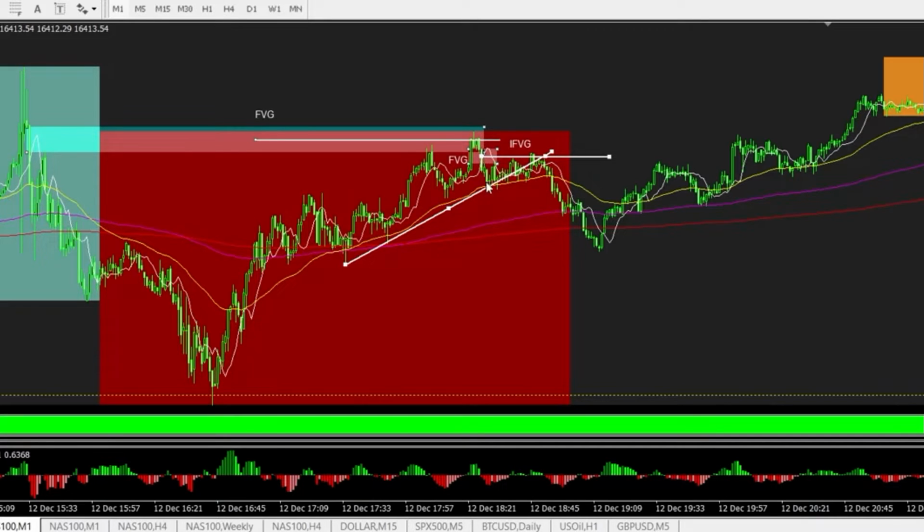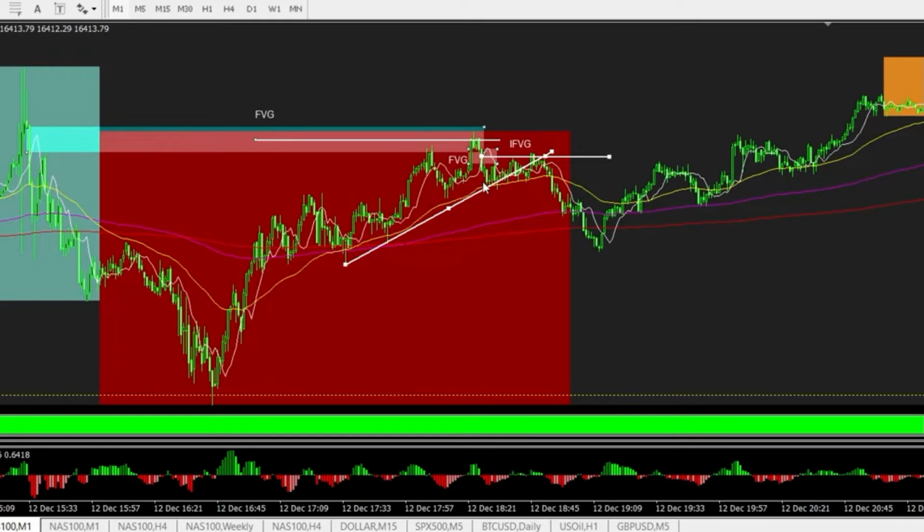And when you draw your fair value gap from there, when price returns back to it, it creates an inversion fair value gap, or an inverted fair value gap.